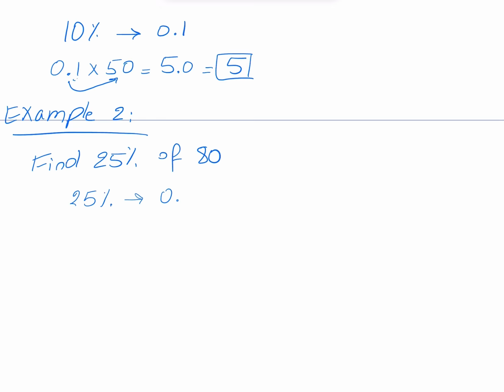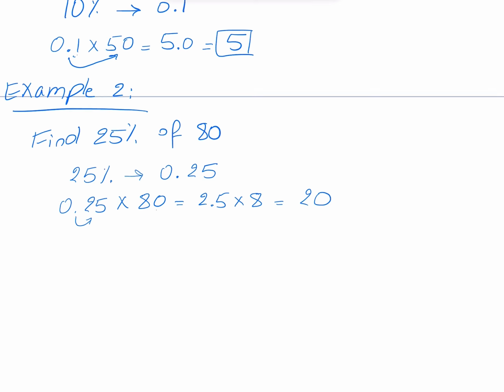It means 0.25. And now 0.25, I need to multiply it by 80. I need to move the decimal one place to the right. That means 2.5 times 8, which is 20. All right.